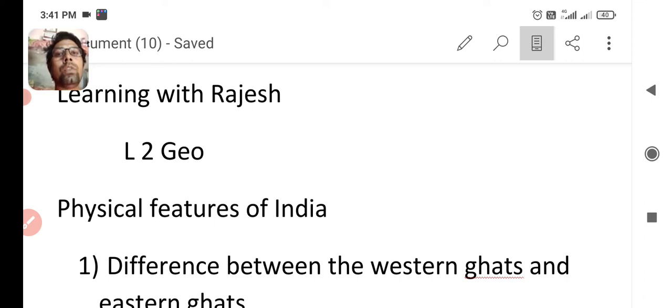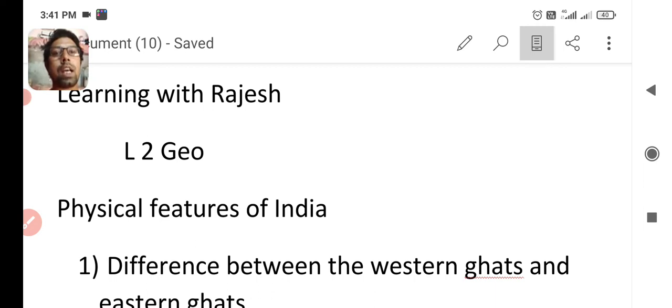And now we are going to read about some parts of the peninsular plateau. There are two parts named Western Ghats and Eastern Ghats. Now we are going to differentiate between the Eastern Ghats and Western Ghats.